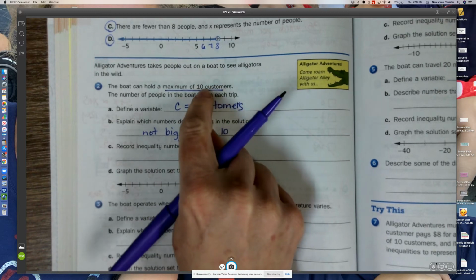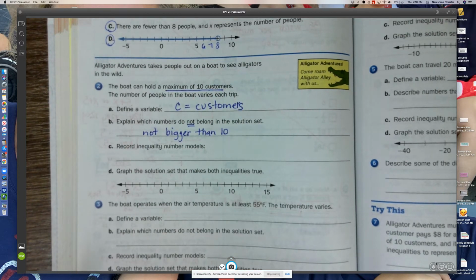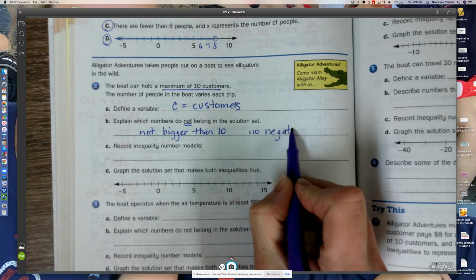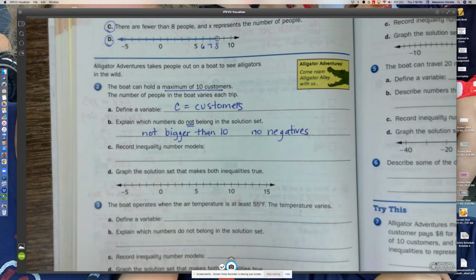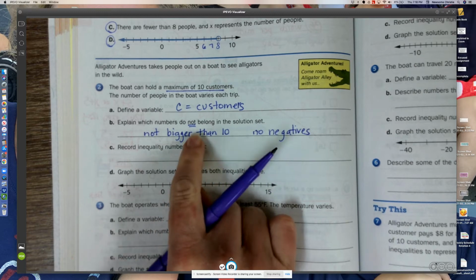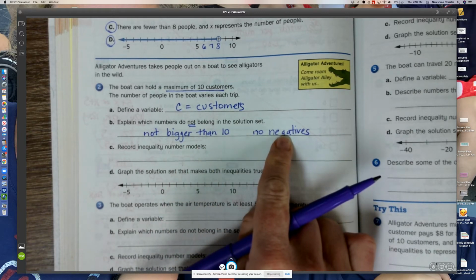That wouldn't work, right? Could it have negative numbers? Can we have negative customers? No. So I'm going to say no negatives. Okay. And so that's kind of like our solution set. It can't be bigger than 10 and there's no negatives.